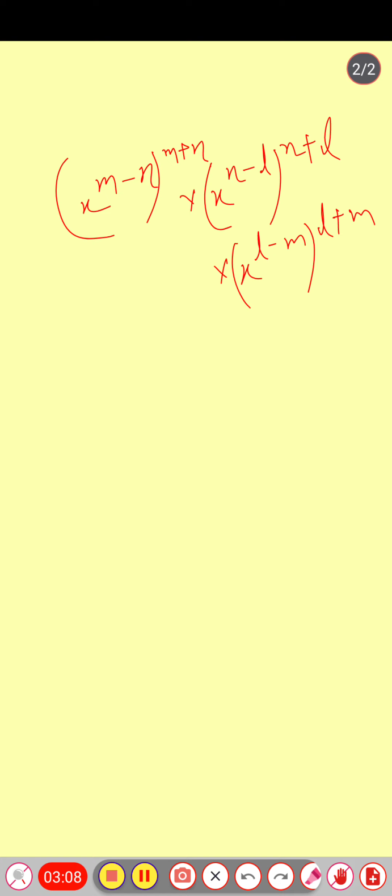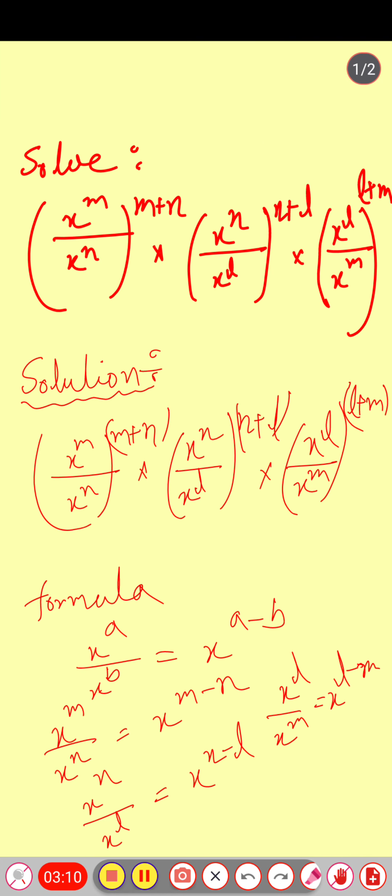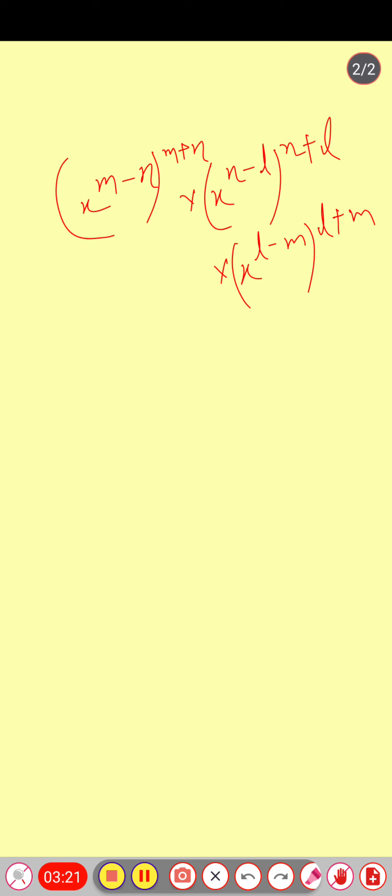So this is the equation we got from the previous one, because here x to the power m minus n, x to the power n minus l, x to the power l minus m. So I replaced this in the equation, and I got (x^(m-n))^(m+n) into (x^(n-l))^(n+l) into (x^(l-m))^(l+m).